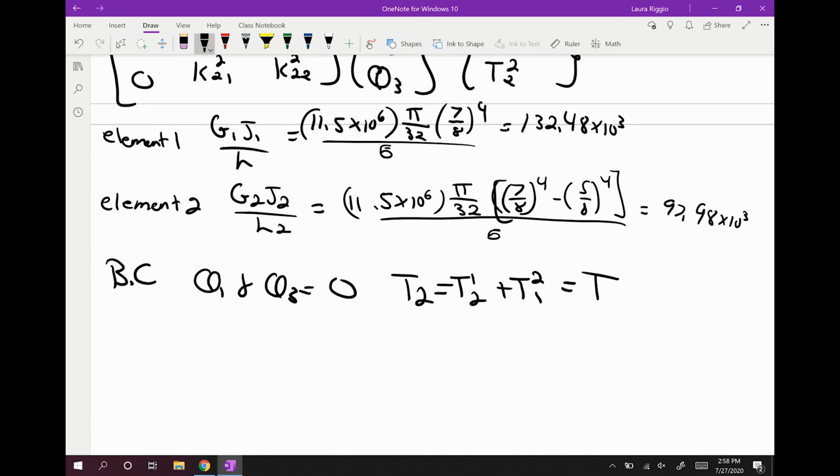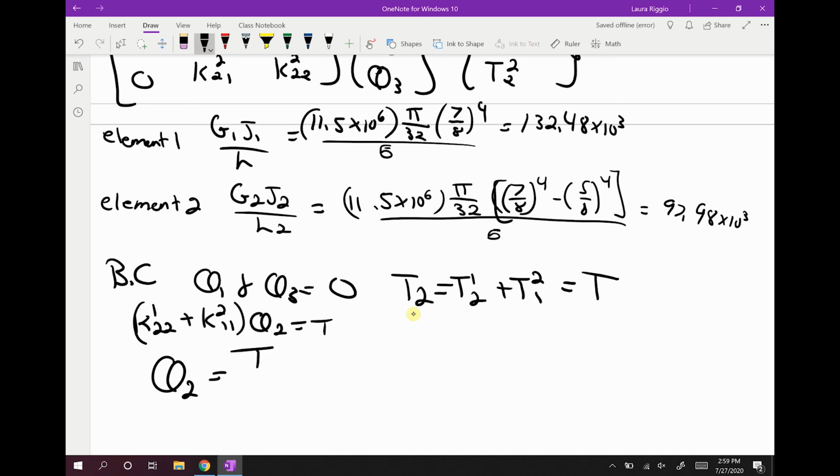So in this case, our condensed equation is only equation 2, which is K22(1) plus K11(2) times theta 2 equals our applied torque.